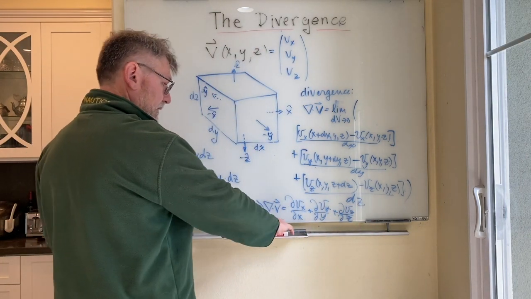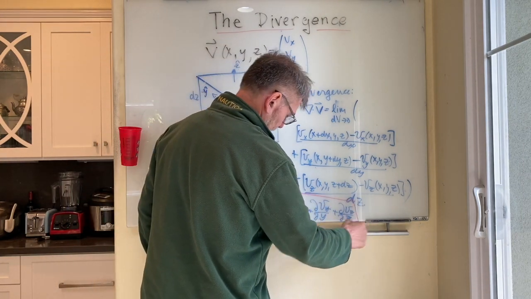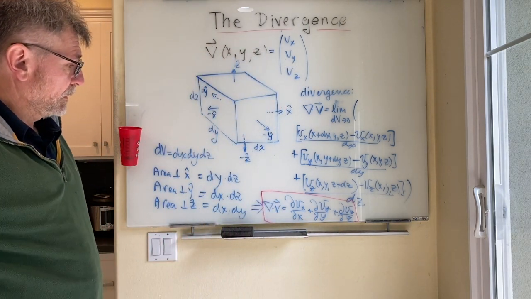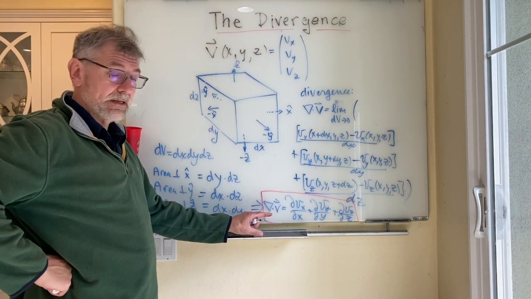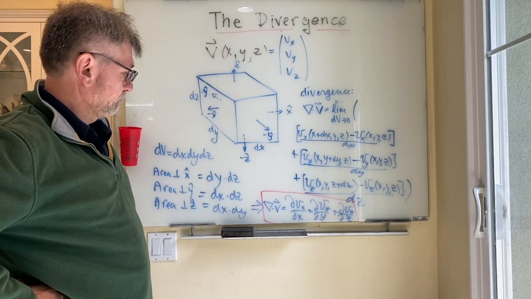And this is the divergence. And what it means is the outward flux of v per unit volume. All right.